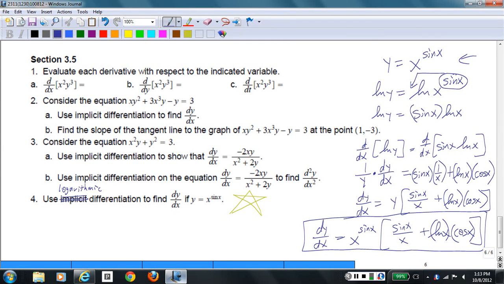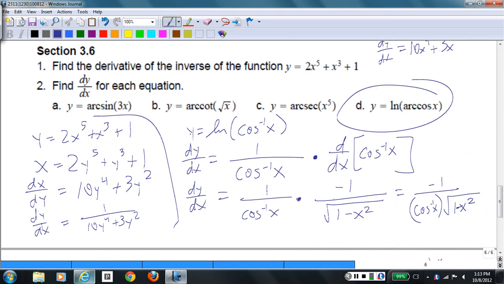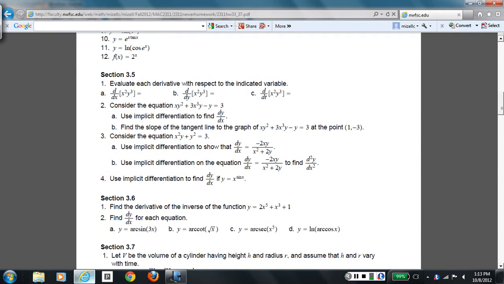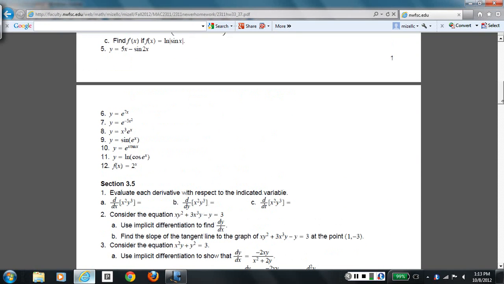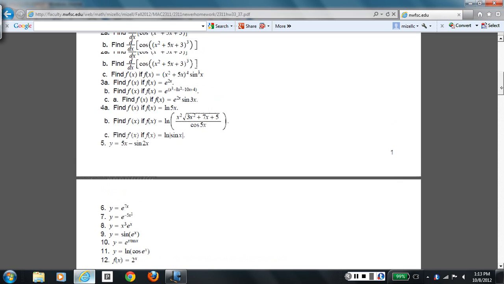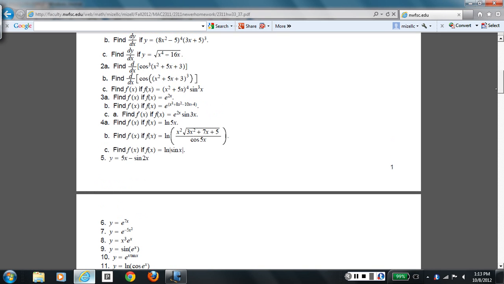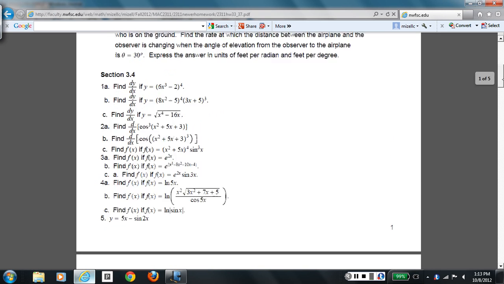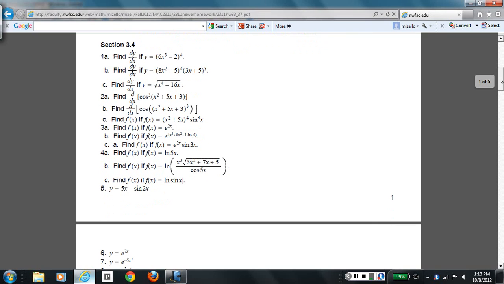And definitely, if A, B, and C aren't feeling good at this point, then the whole implicit differentiation process isn't feeling good. So hopefully that went well from those that we did in class that time. 3.4. Let's see. I kind of need to look at all those. What's up there that could get left out in the cold?